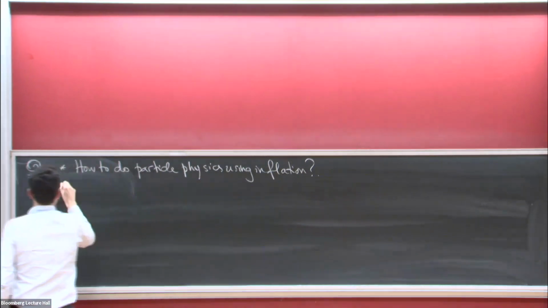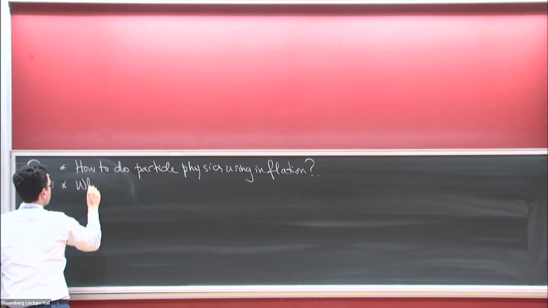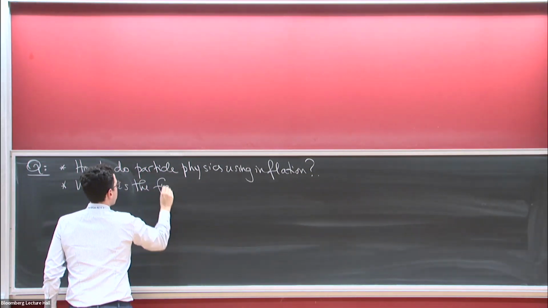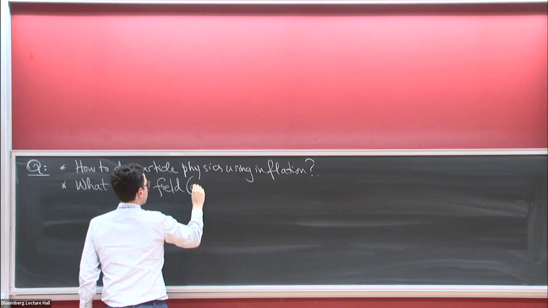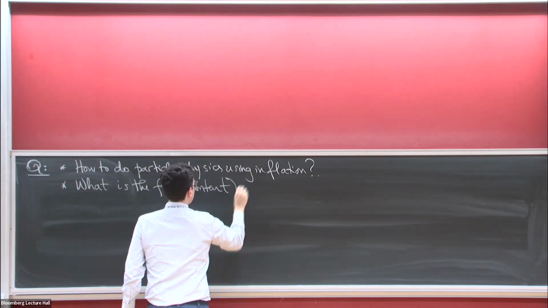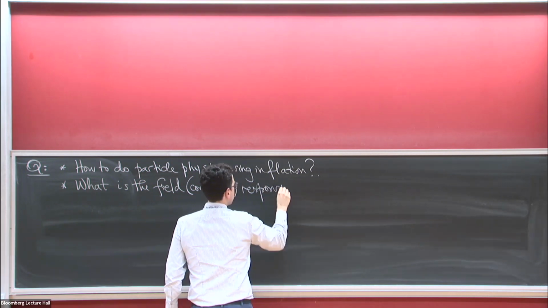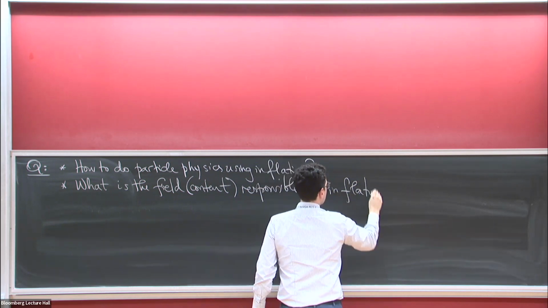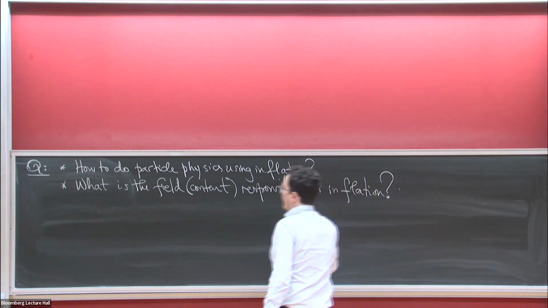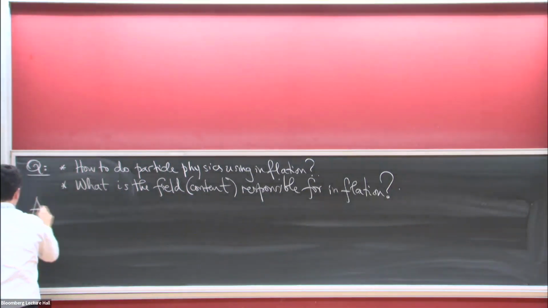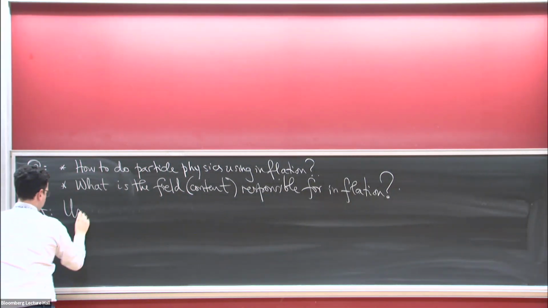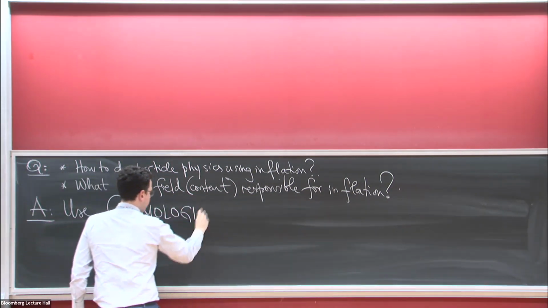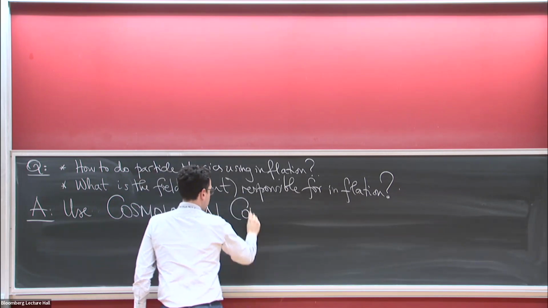And the other obvious question is, what is the field or field content responsible for inflation? And the tool that we have to answer this, we should use correlation functions beyond 2 points, or cosmological correlators.